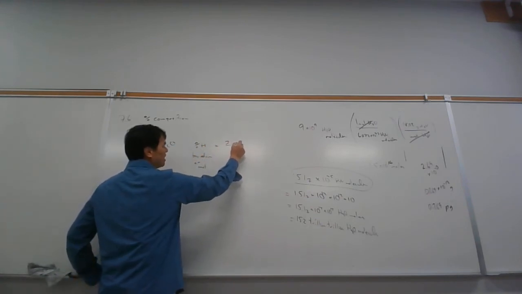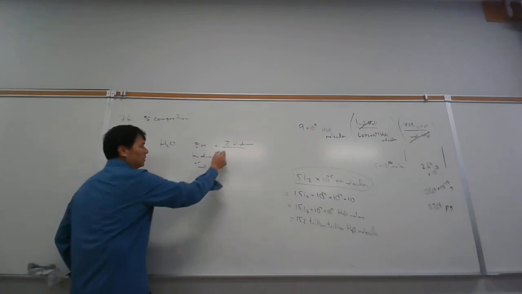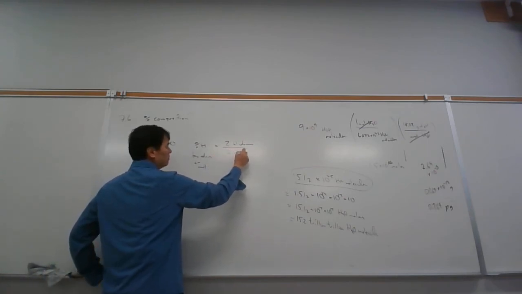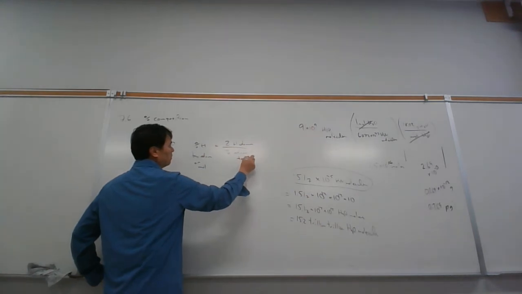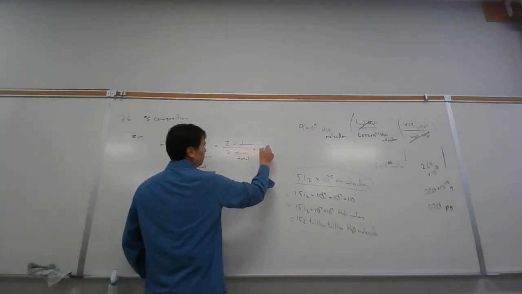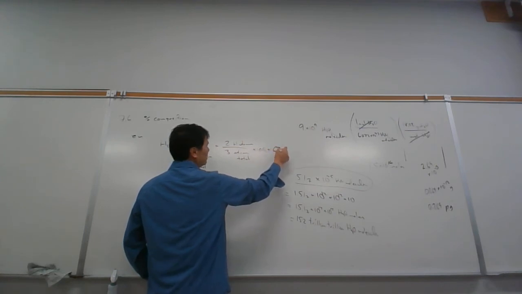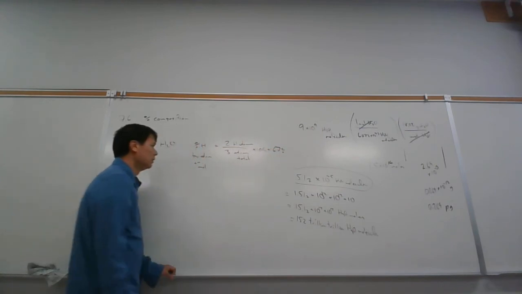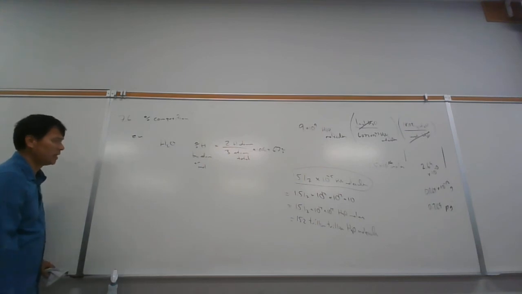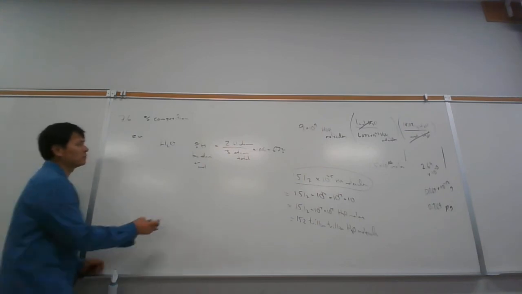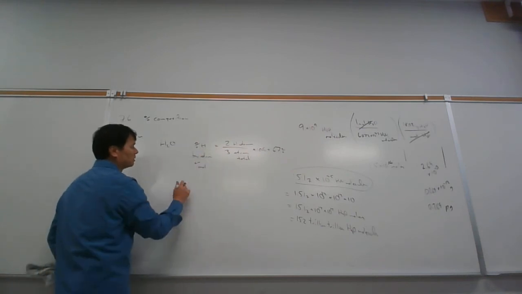I'm going to have 2 H atoms over a total of how many atoms? A total of 3 atoms total, times 100%. So this is going to give me 67%, let's say. Just round it. I'm allowed more sig figs, but we'll just go with 67%. So this is 67% hydrogen.